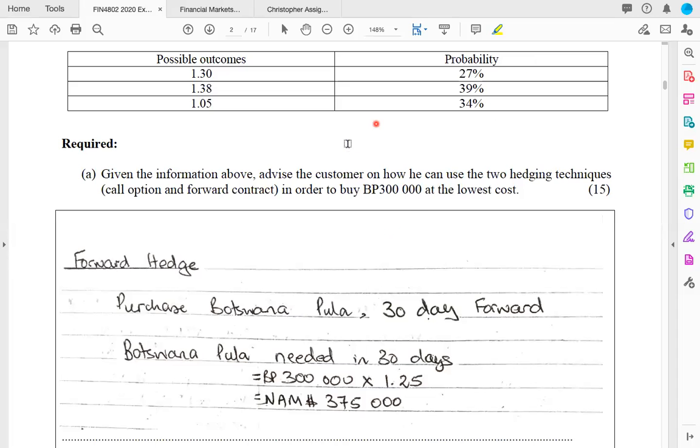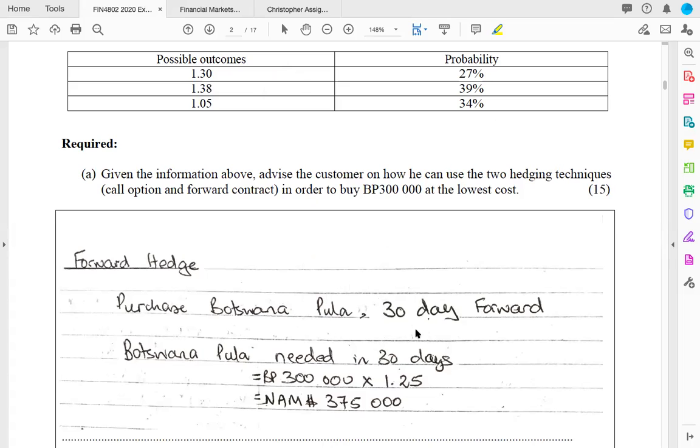Okay, so with a forward hedge, let's say we want to hedge our trade payables with a forward hedge. It means that we want to purchase Botswana Pula 30 days forward. In other words, we want to enter into an agreement with a counterparty, in which a counterparty will agree to sell Botswana Pula to us at an agreed exchange rate of 1.25 Namibian dollars.